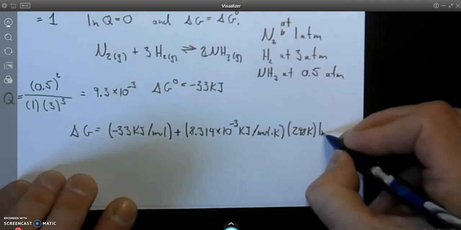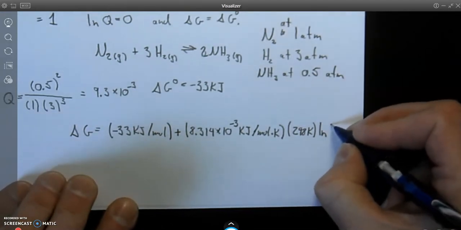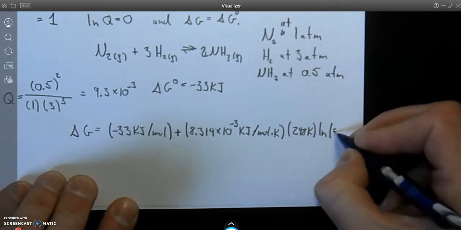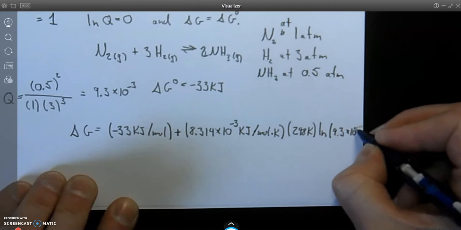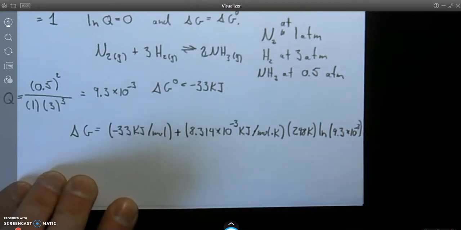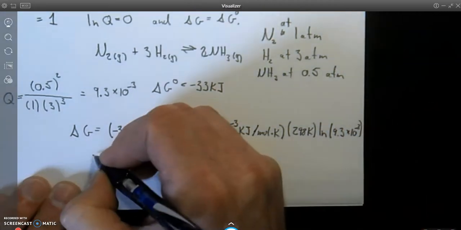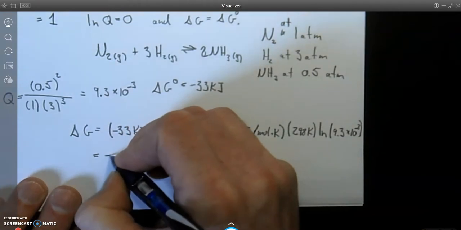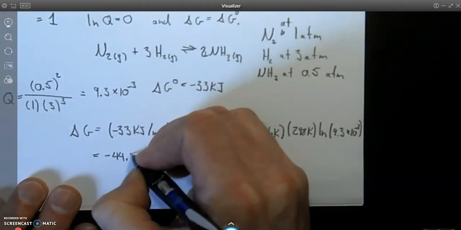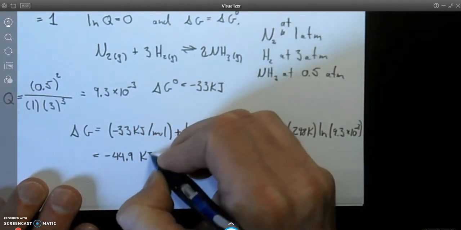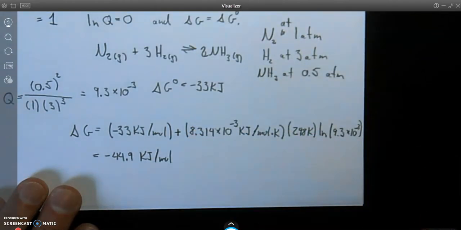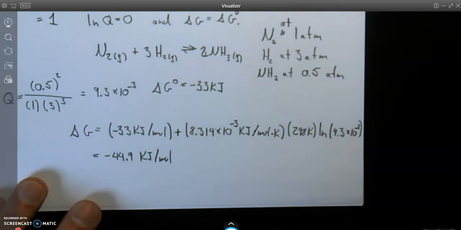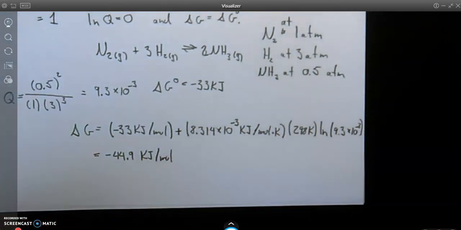This happens to be run at 298. And then using the natural log of our 3.3 times 10 to negative third. Okay, and that will equal out to be negative 44.9 kilojoules per mole, which is negative. So it is more spontaneous based on the pressure conditions given.